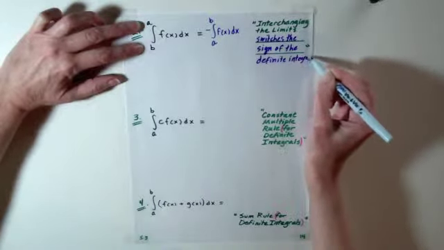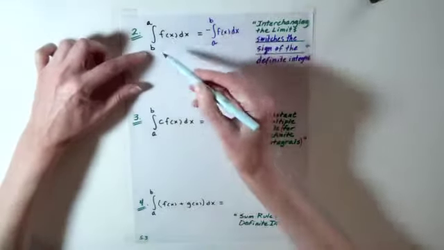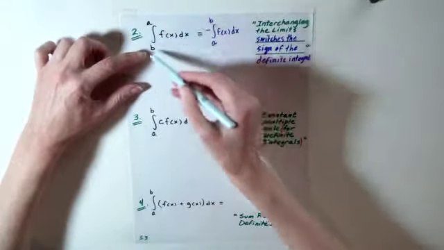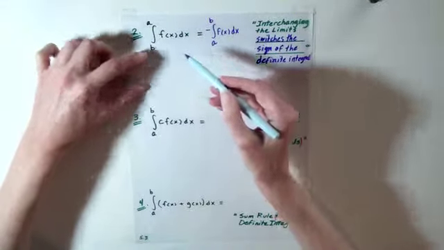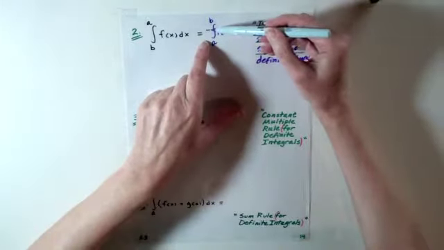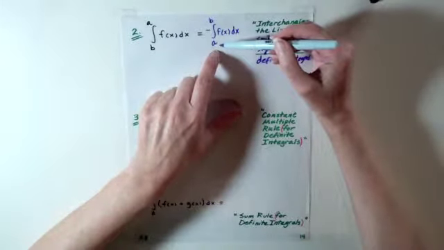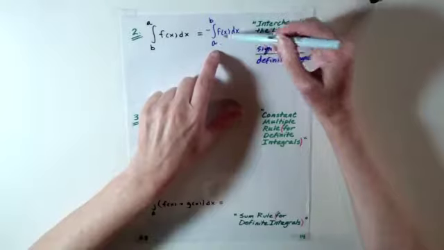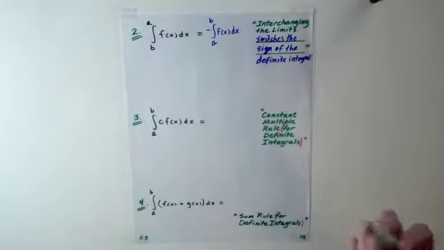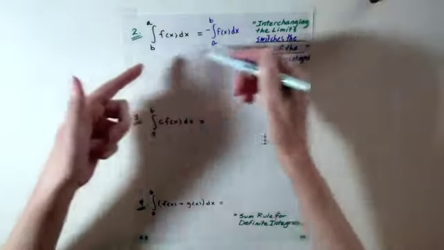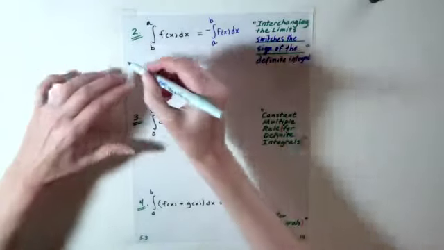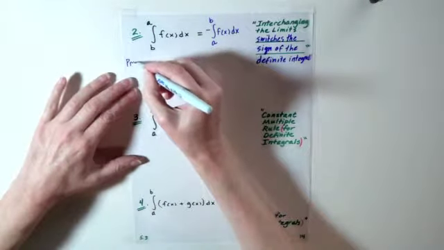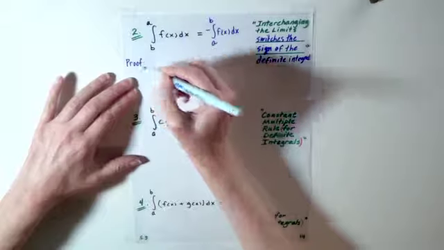So in other words, another way of thinking about it is that if you did the integral from b to a of f of x dx, you'd get some number, and you'll get exactly the opposite number if you did the integral with the limits in the opposite order from a to b of f of x dx. Well, I've told you what the answer to this property is, but I haven't proved it to you, so let's prove it, and it's quite easy to prove.